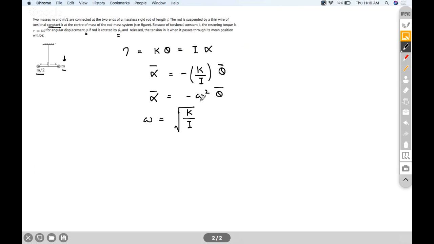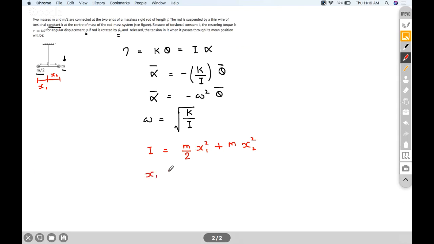Here I also need to find the moment of inertia. Let this distance be x1 and this distance be x2. The moment of inertia will be m by 2 into x1 square plus m into x2 square. I need to know x1 and x2.